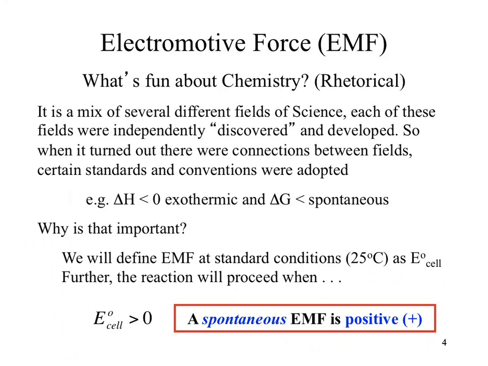It might also fall out of the mathematics, but I'm pretty sure that all we're doing is forcing a sign in there so that we can get these two theories to communicate with each other. Okay? So when you're looking at cell potentials, we will see how they're related to the Gibbs free energy later today. We're going to delay from that a little bit, but remember what we're looking for is a positive cell potential. So when we look at an overall reaction, for that reaction to occur, we need a positive.